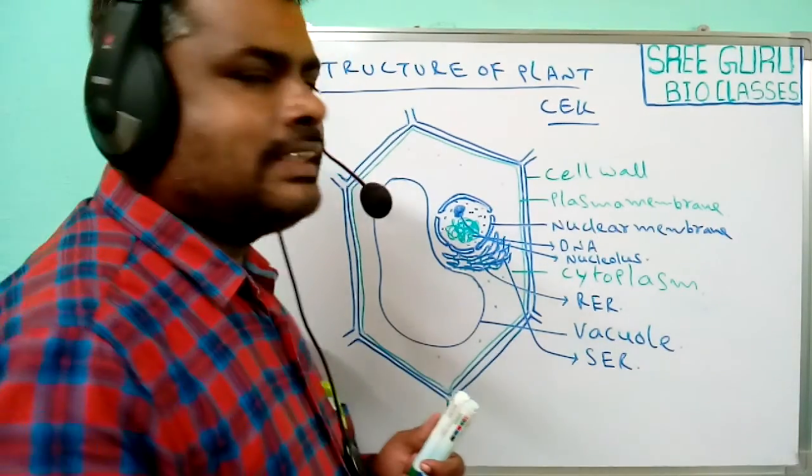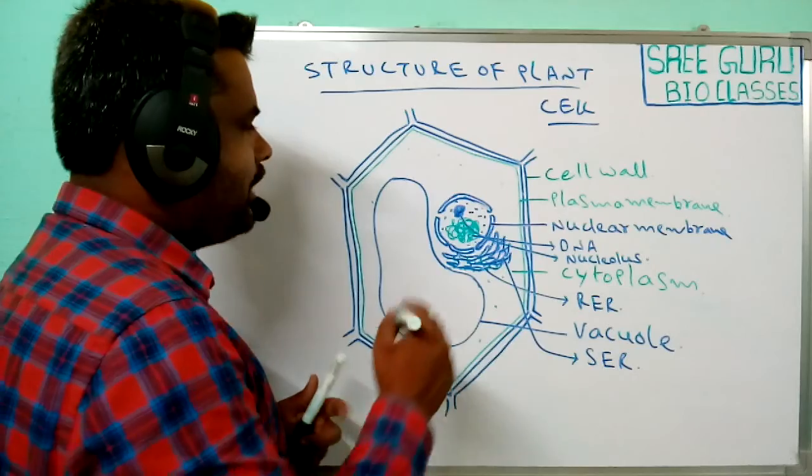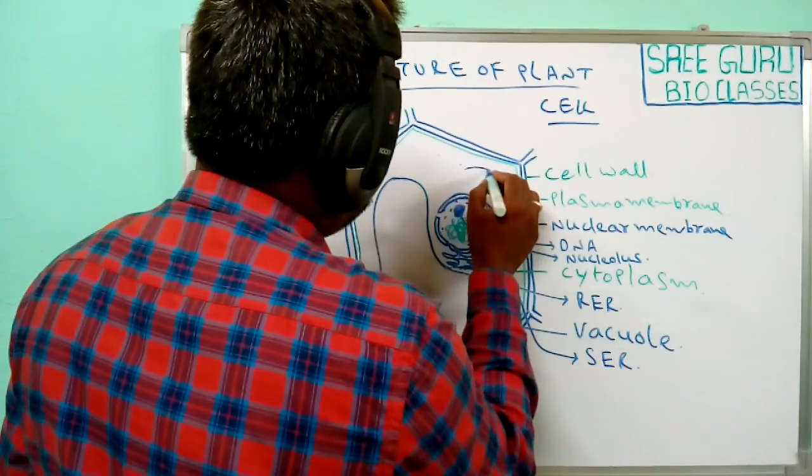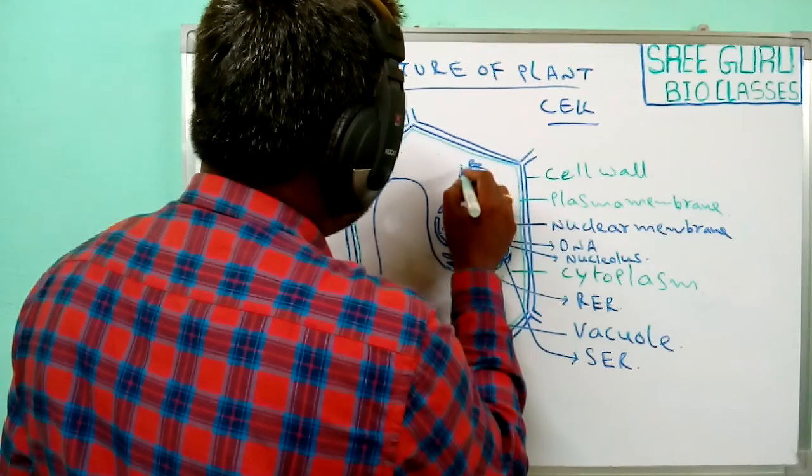Next, in addition to the endoplasmic reticulum, the Golgi apparatus is also present.